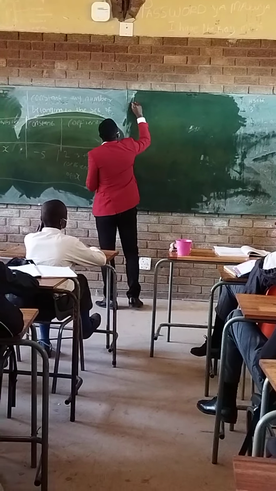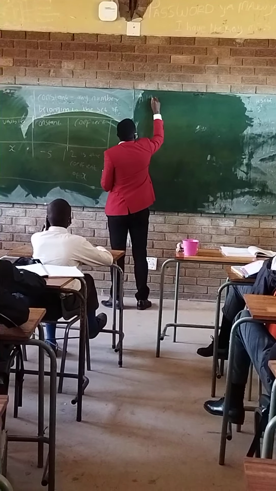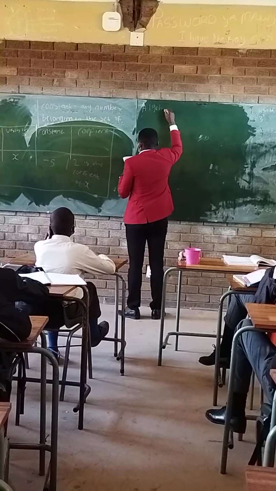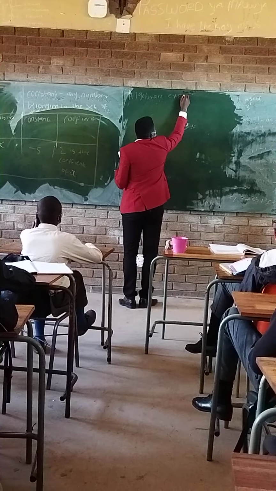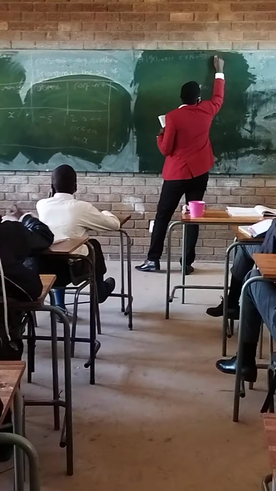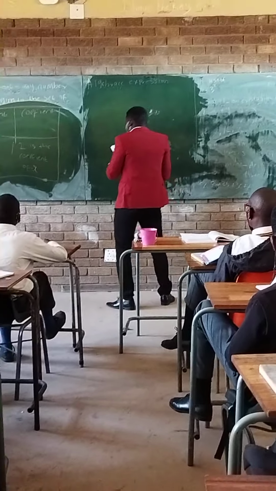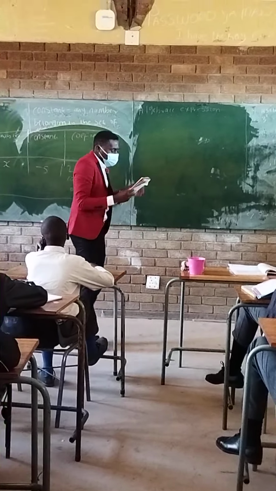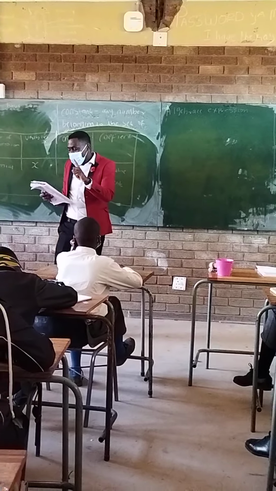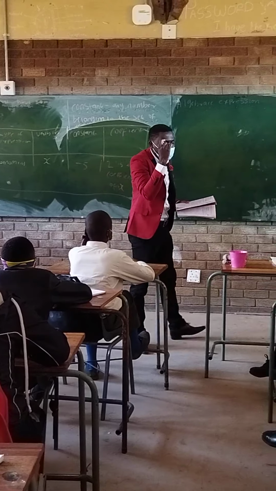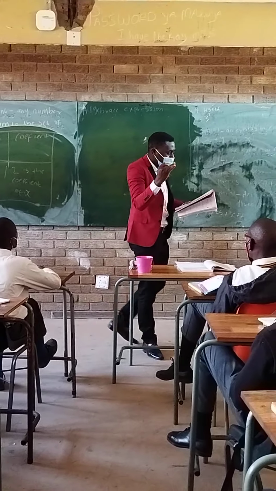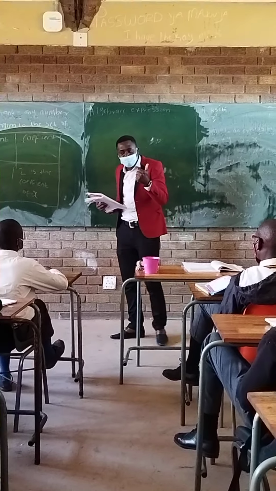Let's write the definition of algebraic expression. An algebraic expression includes at least one variable and at least one operation. We know for operations we have addition, subtraction, multiplication, and division.